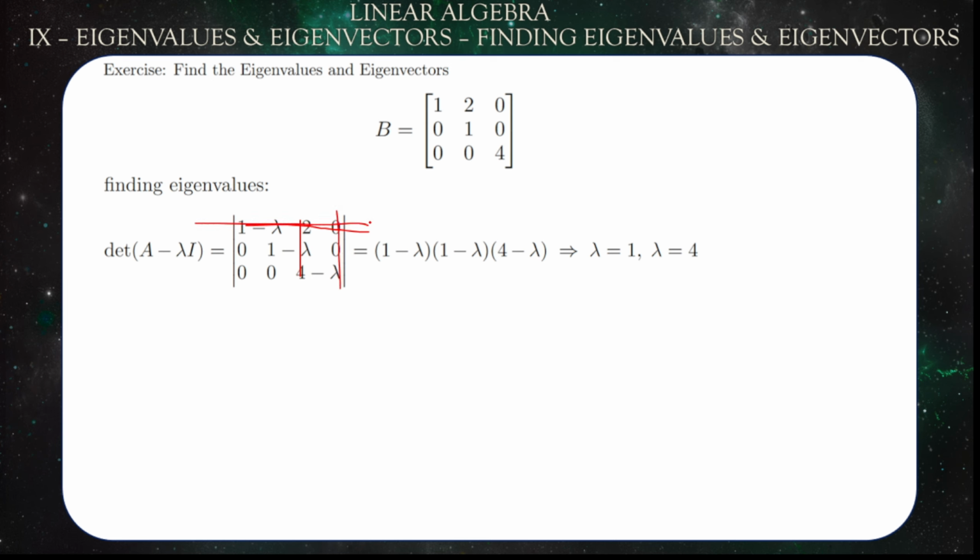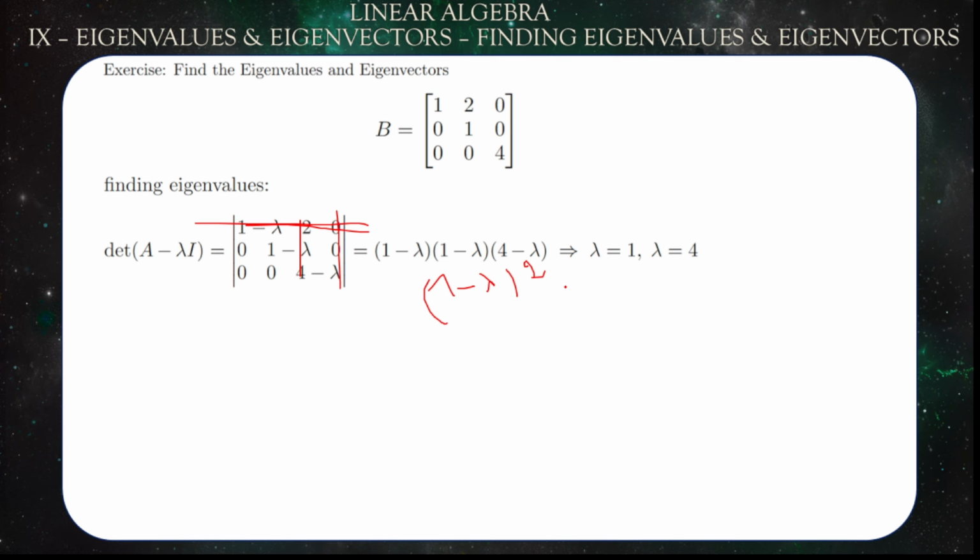Then whatever multiplies 0 becomes 0. So we are left with 1 minus lambda, 1 minus lambda, and 4 minus lambda, which gives us lambda equal 1. And notice something, this root is repeated twice. So 1 minus lambda is simply 1 minus lambda squared, because it's multiplied twice.